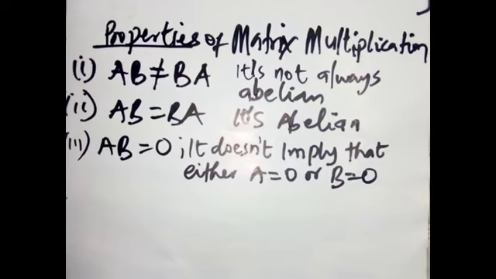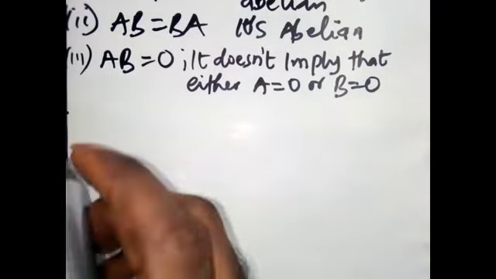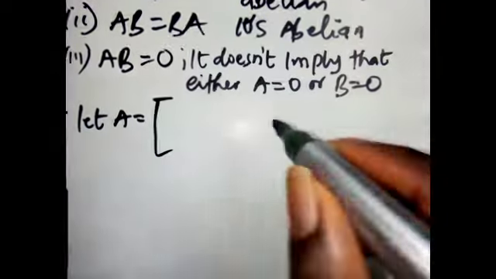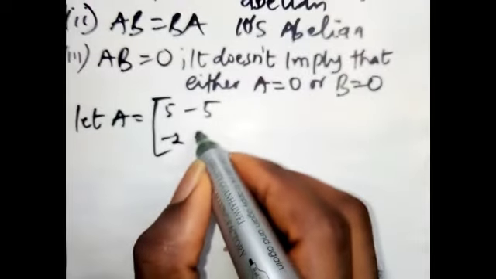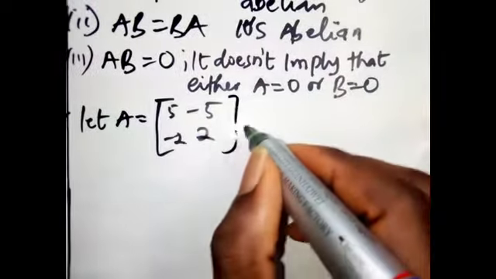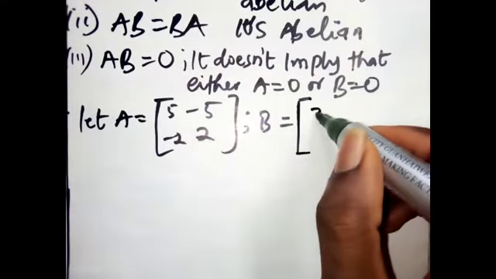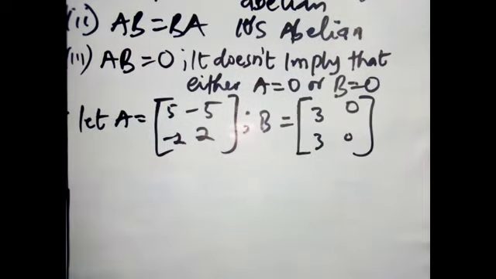For instance, let's find out about this. Let matrix A be given as 5, -5, -2, 2, and B be given as 3, 0, 3, 0. So these are two non-null matrices.